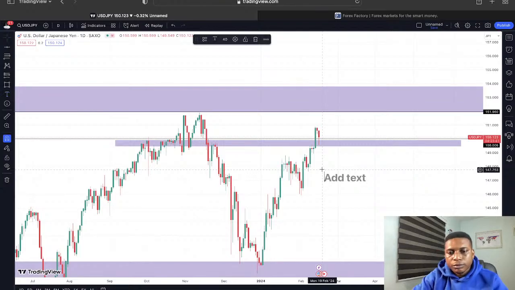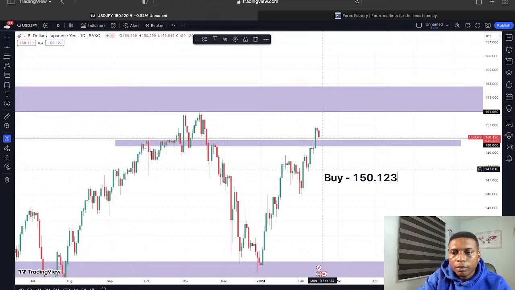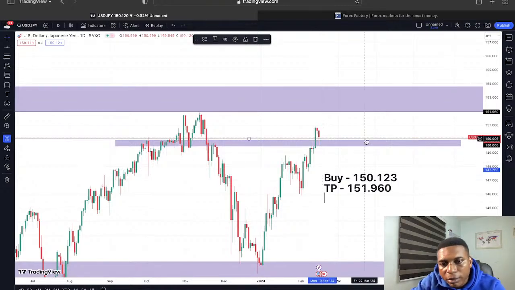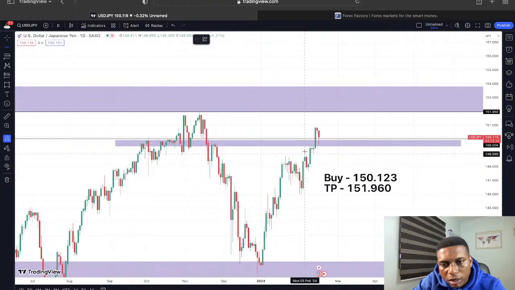So for short term traders now, there's a buy opportunity at 150.123 price, and a TP at 151.960, and a stop loss would just be below here.